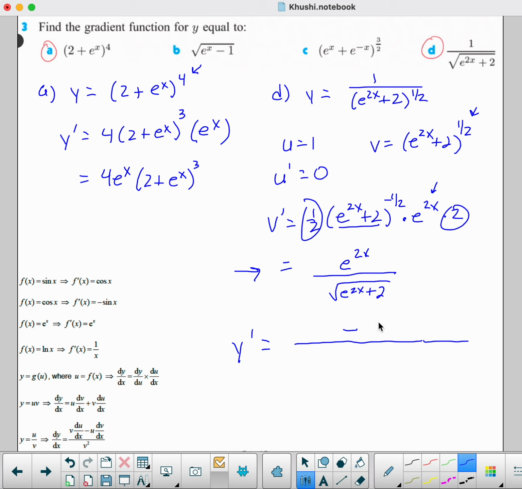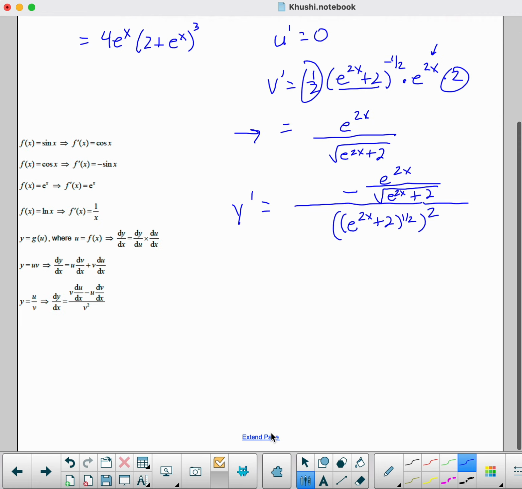So that's going to be minus e to the 2x over square root of e to the 2x plus 2, all over v squared, (e to the 2x plus 2 to the 1/2 power) squared. We have got to clean this up because some things are going to cancel a little bit.